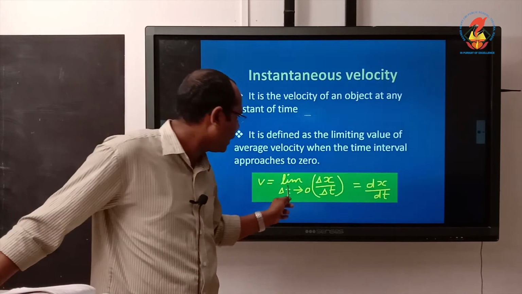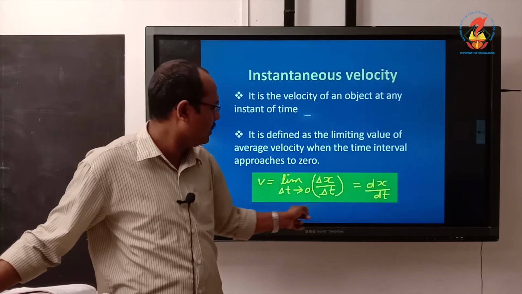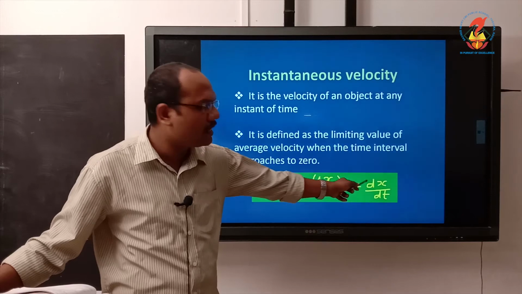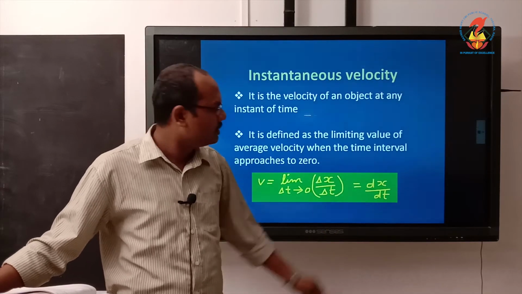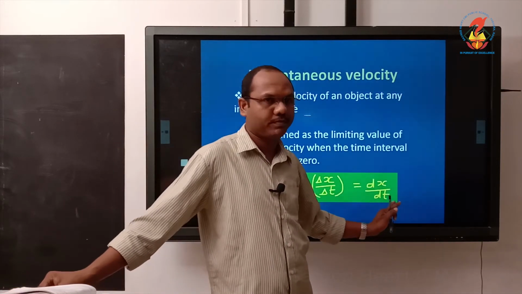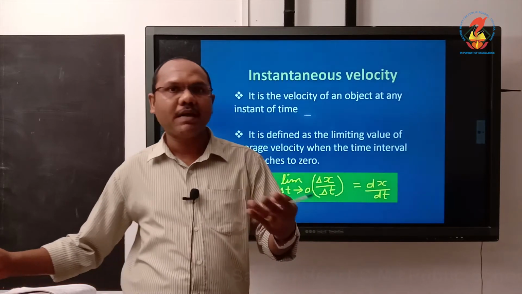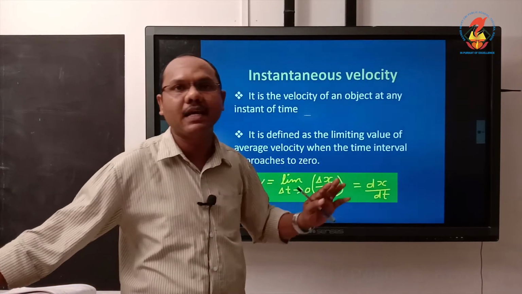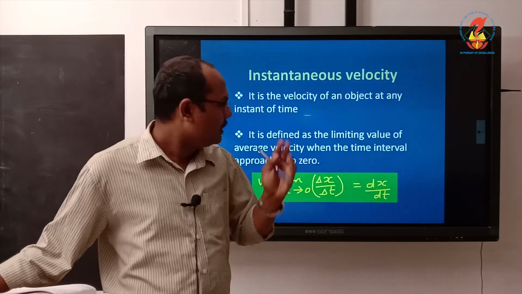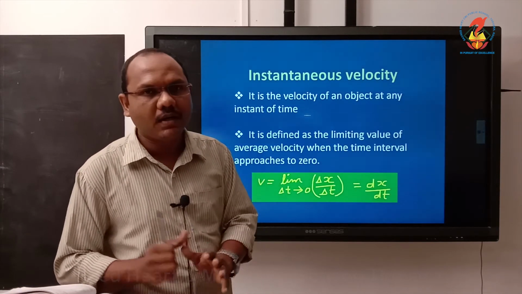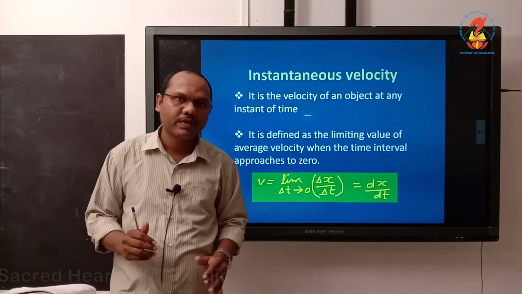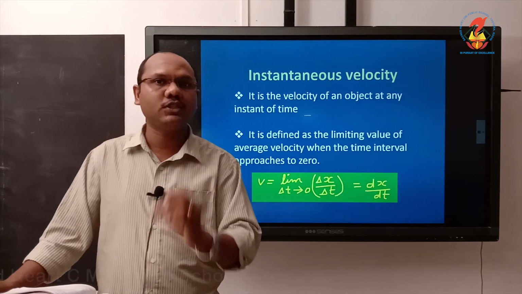And instead of writing like this, we will take dx by dt. This is a small representation. Somebody may ask me, sir, can I cancel d and d? No. d by dt is called differentiation.